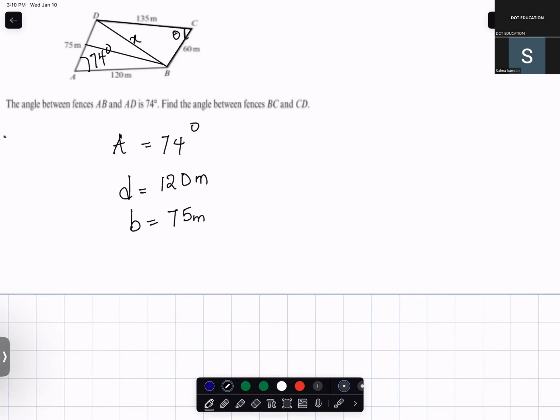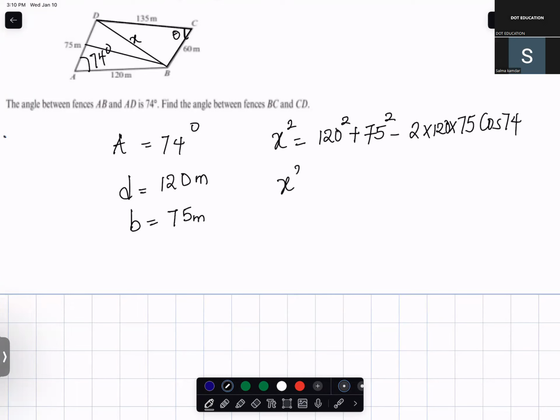We're using the formula: X squared equals 120 squared plus 75 squared minus 2 multiply 120 multiply 75 cos 74.